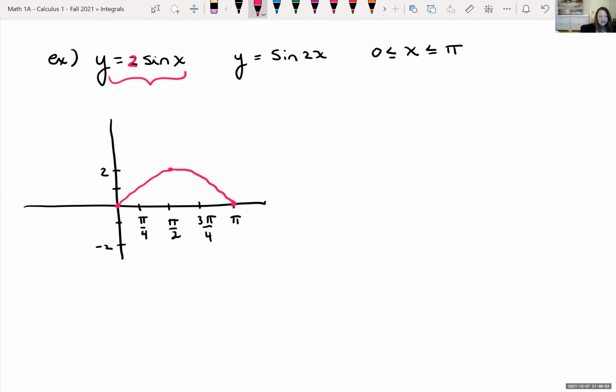Y equals sine of 2x. This 2 in here is changing my period. Normally the period is between 0 and 2 pi. If we divide everything through by 2, our period is now length pi.